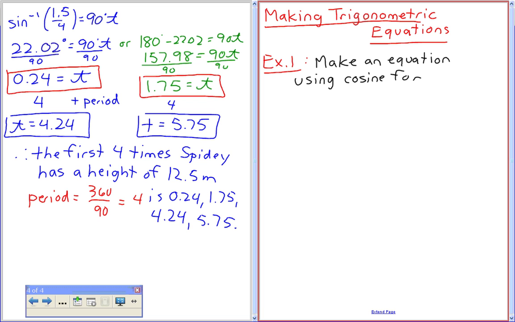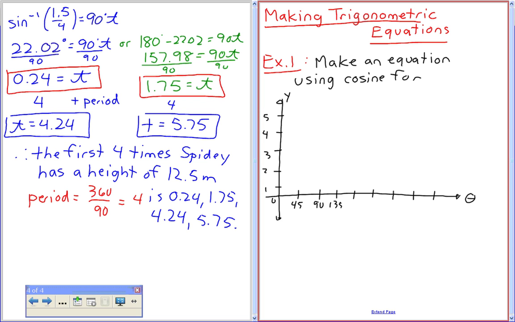Okay, so we're going to draw a rough little sketch right here. Again, if you're doing this in your books, it doesn't have to be with great detail for this. I'm more interested right now in making the equation. So again, we're just working backwards from what we did before.